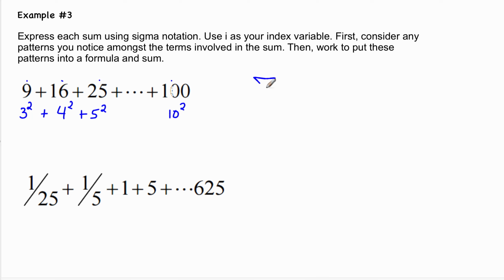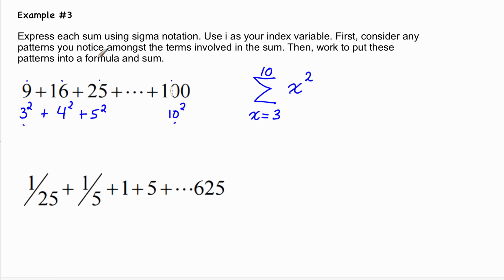They are adding up, so I write the big E, some number squared. Well, what was the first number they started squaring? 3. So that means my first number I'm going to put in is 3. And what's the last number they squared? 10. So I'm going to stop at 10.